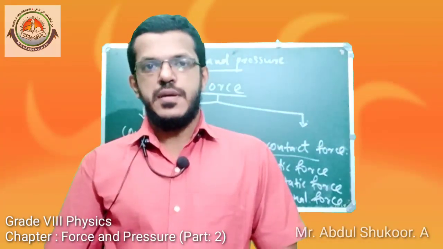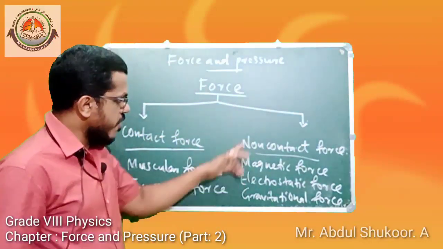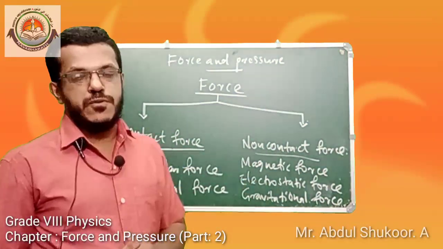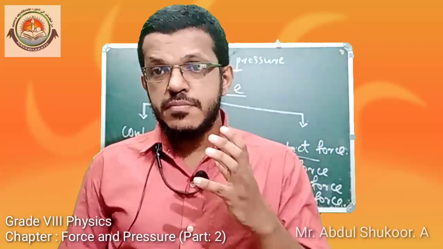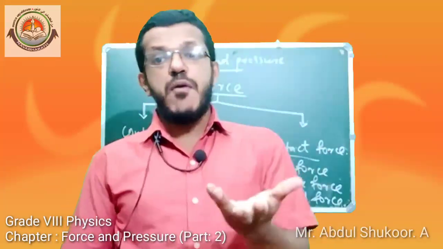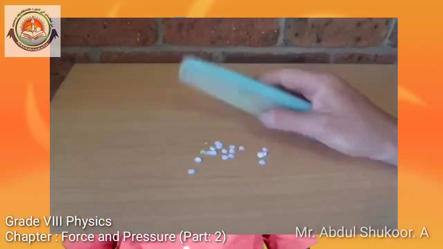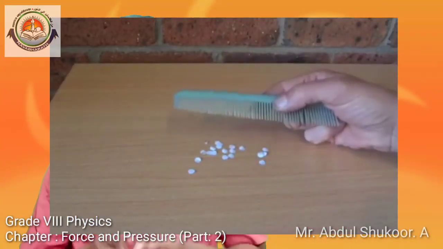Understood? The next example of non-contact force is electrostatic force. When you bring a plastic comb to a heap of small pieces of paper, what do you observe? Nothing will happen.